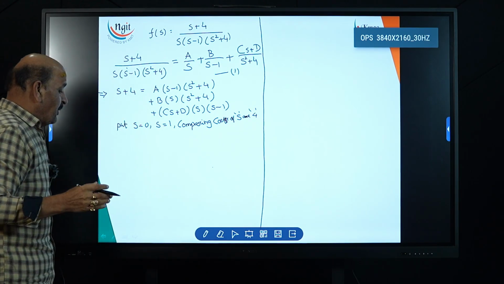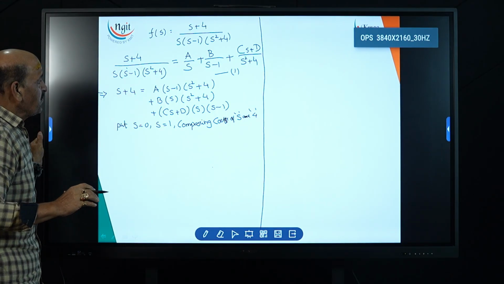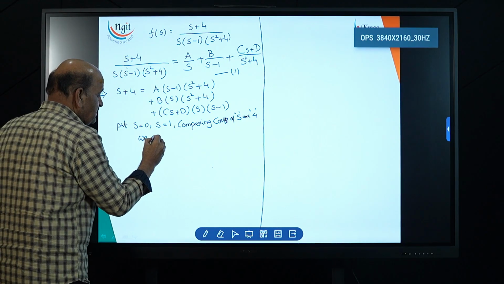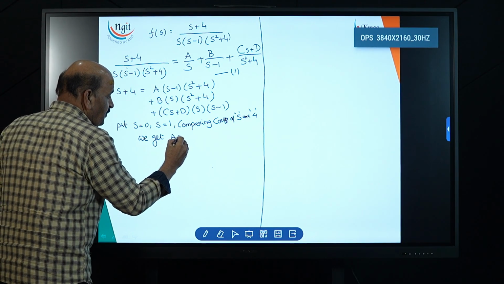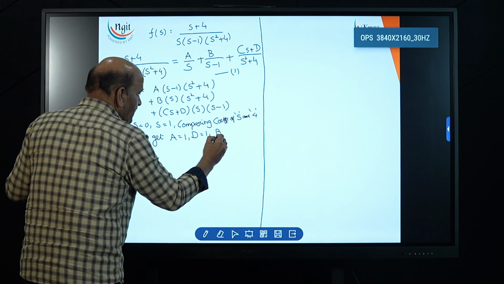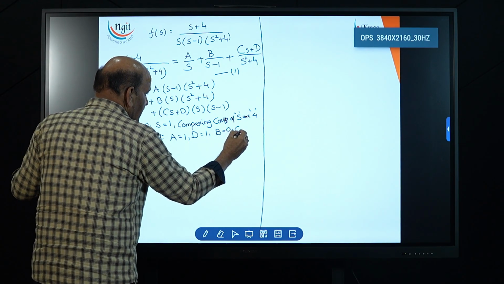In this way, upon solving this, we get a equal to 1, d equal to 1, b equal to 0 and c equal to 0.